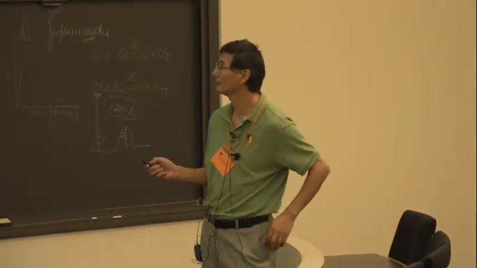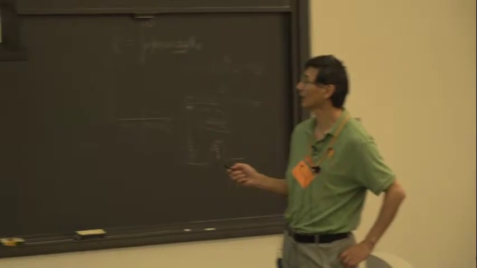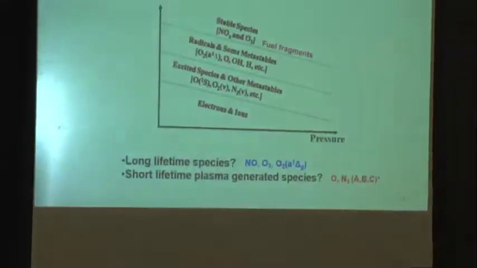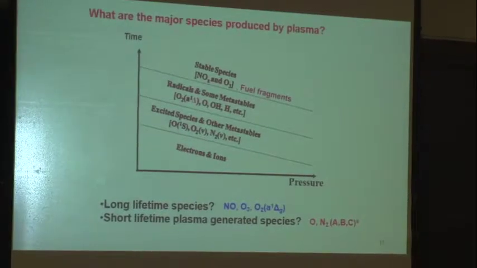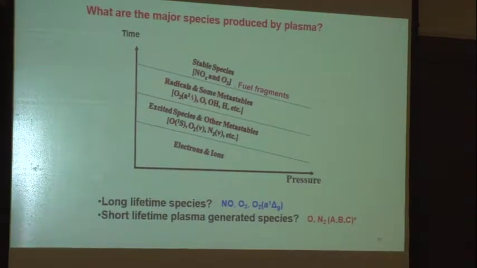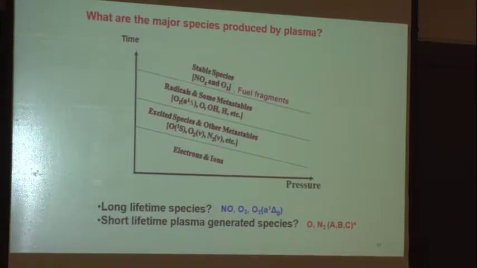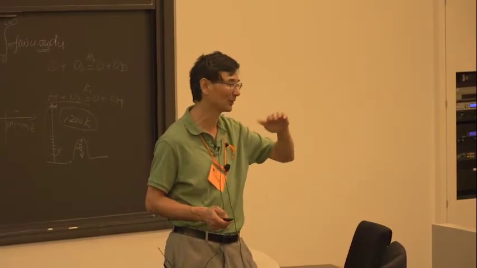Which species? NO? Radicals. A combustion person certainly knows the time scale radicals can survive, right? Most of the radicals, I think the time scale depends on temperature. The higher the temperature, the longer the lifetime. But normally in plasma, you're talking about temperatures below 1,000 Kelvin.